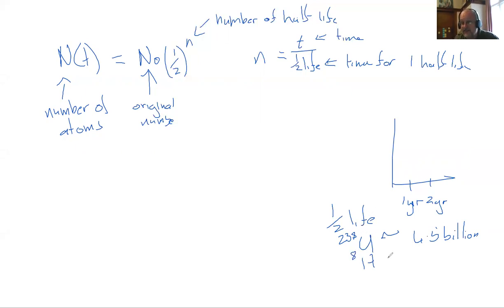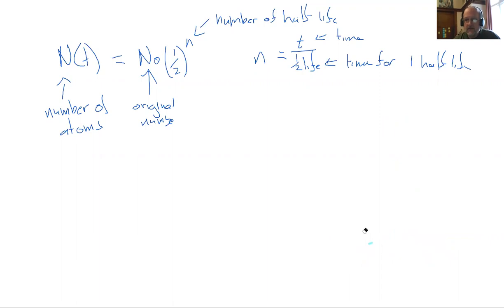They got a hydrogen atom and rammed 7 neutrons onto it. That's got a half-life of about 10 to the negative 15 seconds. So half-life times can vary dramatically. As a rule, the shorter the half-life time, the more radioactive the substance will be. So just something to be aware of.